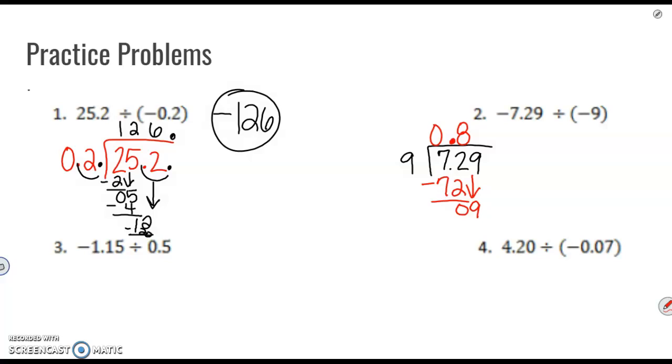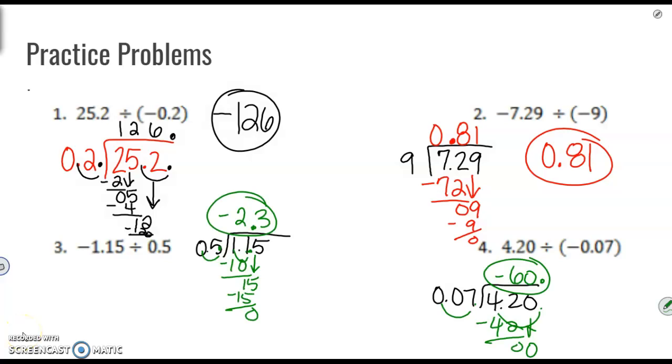Bring our 9 down. 9 divides into 9 once. So the answer to number 2 is 81/100ths. Try 3 and 4 on your own.